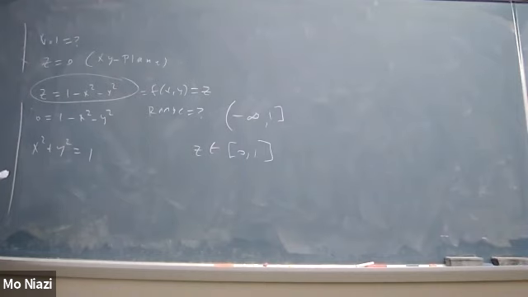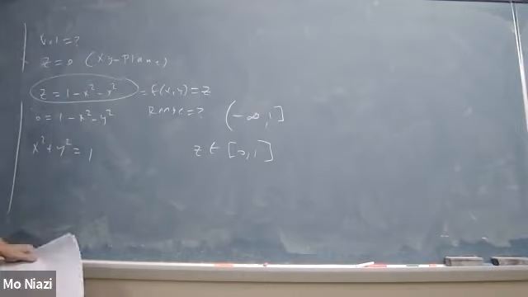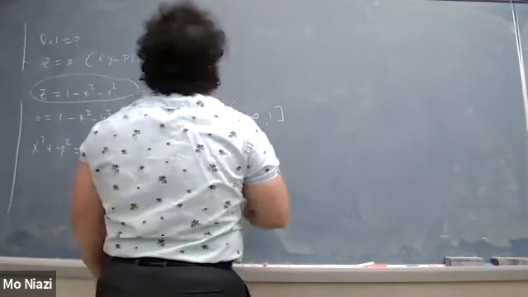That's all that means. So that means we have something that starts off as a circle of radius 1, but it is constantly decreasing in value all the way up to this value z equals 1.